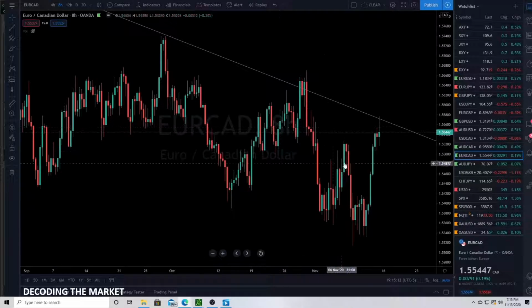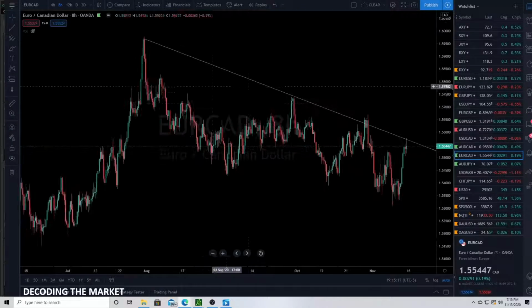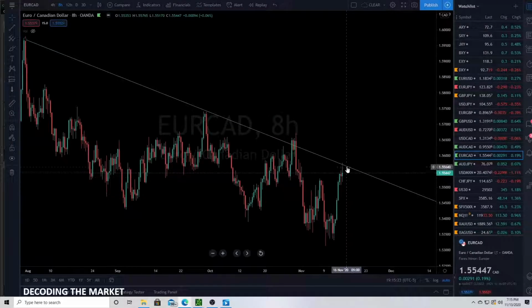But let's take a look at the present days. Since I already showed you how many touches this trend line has, now we have another touch right here. And for me, the most appealing moment to get into the euro Canadian dollar is the same rule that I've been telling you about in my previous technical analysis.